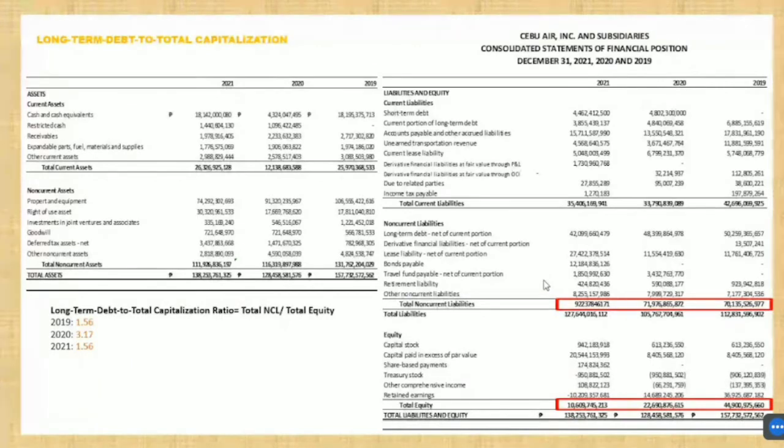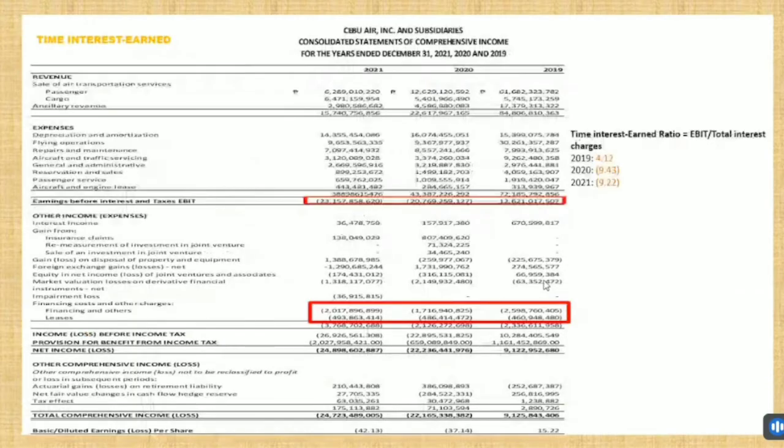So next is the interest earned ratio. Next slide. This is also called the interest coverage ratio, wherein it can be observed that in 2019 the ratio is desirable with 4.12.